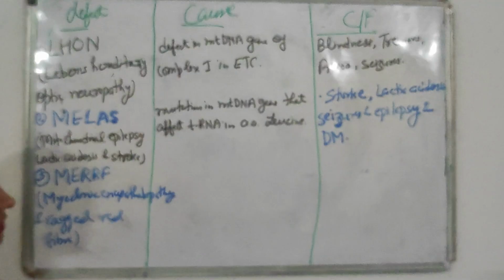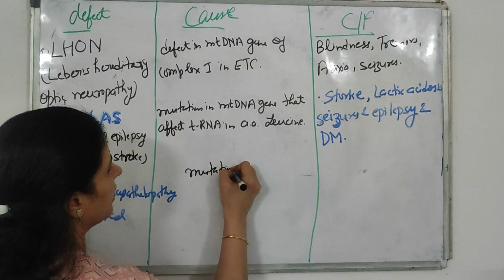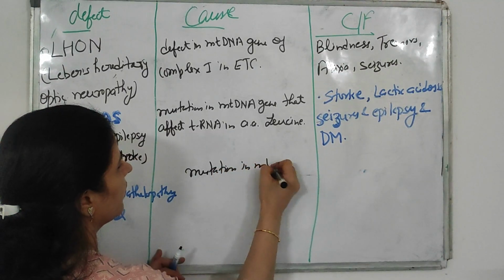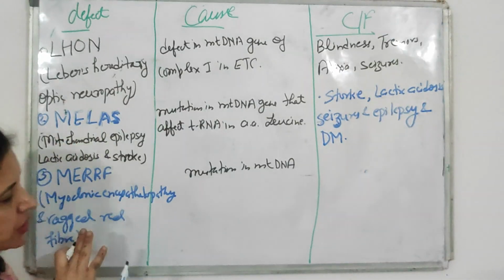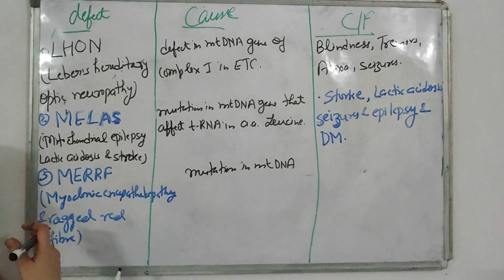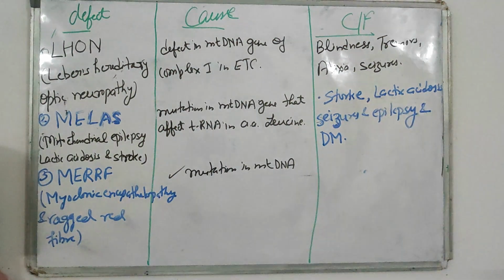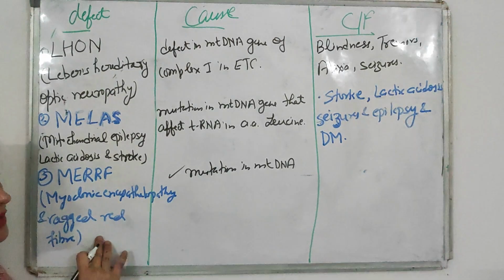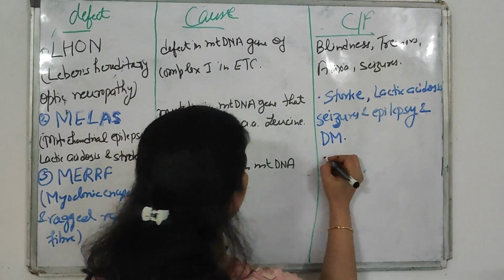Why does this disorder occur? It occurs due to mutation in your mitochondrial DNA, and which gene it particularly affects is unknown. In most of the books, the cause is written only as a mutation in mitochondrial DNA, nothing more for this disorder. So what are the clinical features?